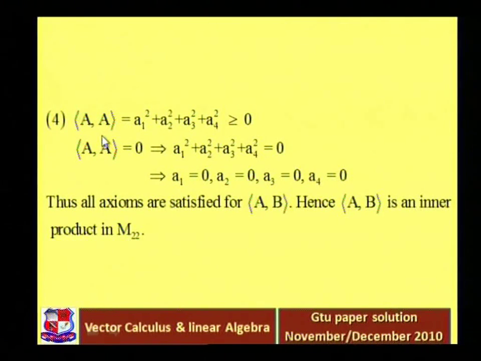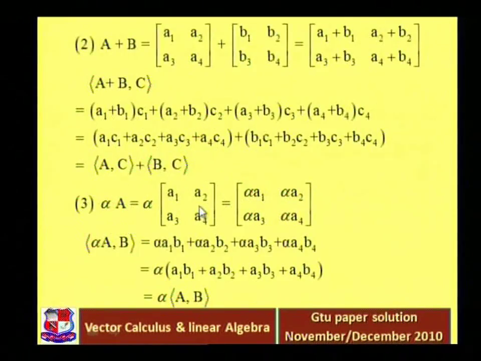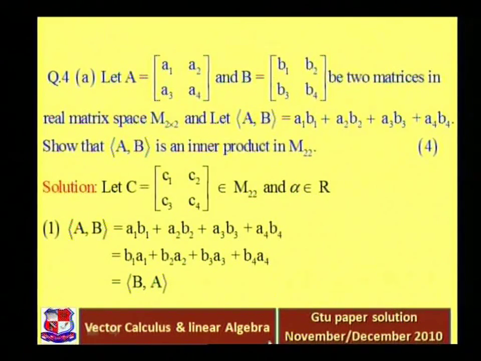Fourth, inner product A with A is always greater than or equal to 0, and if inner product A with A is equal to 0, then we have to prove that capital A is the zero matrix. So let's start one by one, each condition we have to prove.